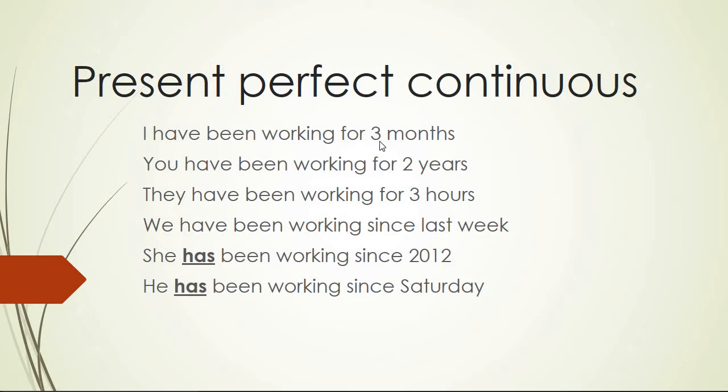For, you can count it. So 1, 2, 3, you can count that, so we use for. 1, 2, 4. 1, 2, 3, 4. So if you can count it, use for. If you can't count it, then use since.